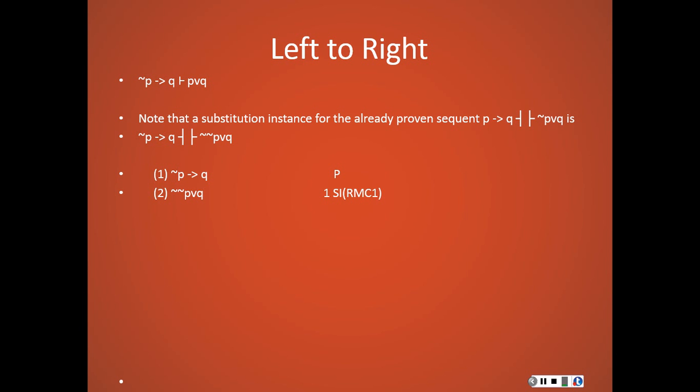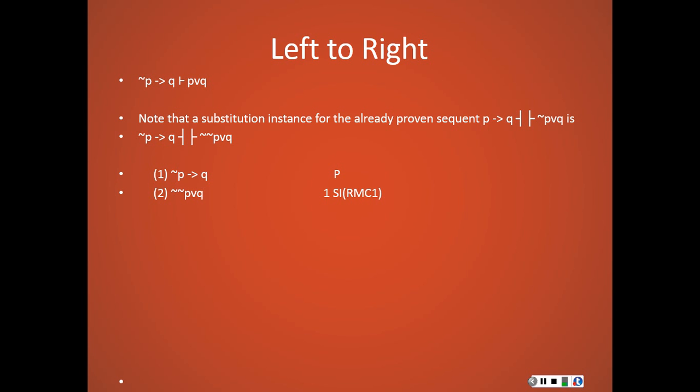So I note that I've already proven that it follows from if P then Q that not P or Q. And since if not P then Q, therefore not P or Q is a substitution instance of the sequent I've already proven, I may, from line 1, which is if not P then Q, infer line 2, which is not P or Q. I get that from line 1 by way of sequent introduction, by way of RMC1, which is the sequent that I have already proven, and in this case I use a substitution instance of that sequent.